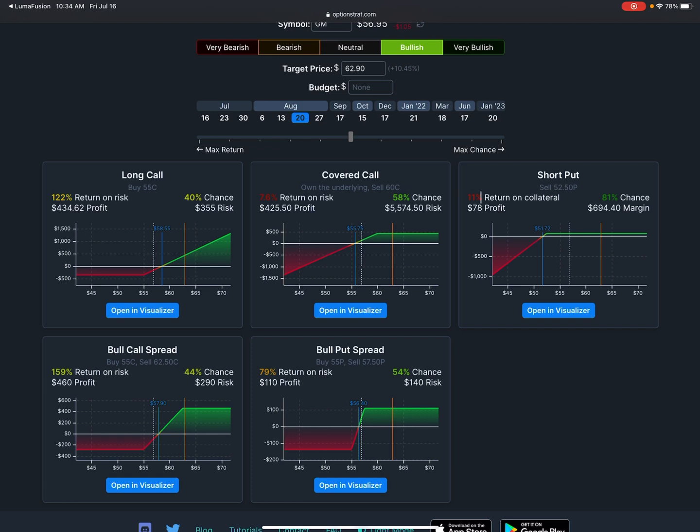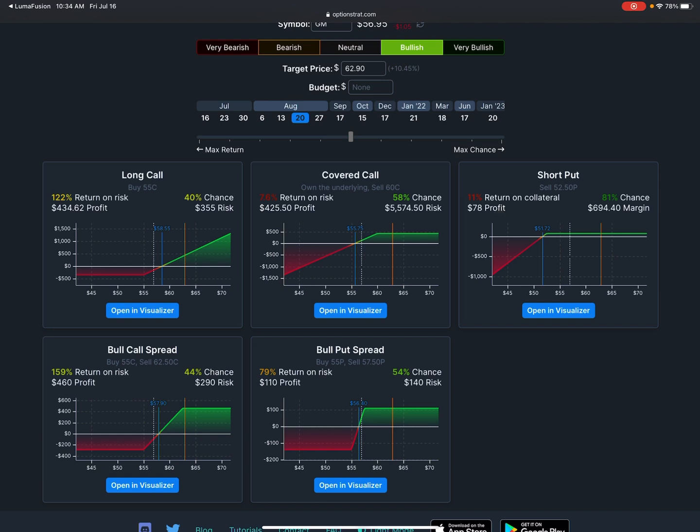There's also the idea where you can simply sell a put, meaning that you're willing to purchase the stock at a given price, in this case $52.50. Remember, every option is 100 shares, so your return would be the premium that you earn on selling that put.